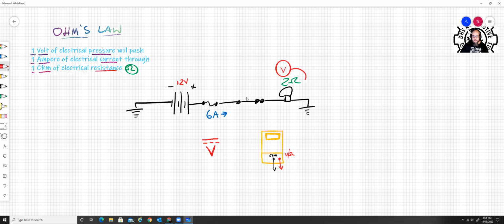Okay, you would get your meter, come on down over here, either side of the bulb, and you would read it. It'd be consuming 12 volts in this instance. Okay, this is called measuring a voltage drop. How much voltage was consumed? How much voltage dropped between the two leads?